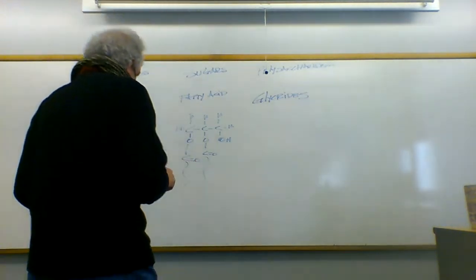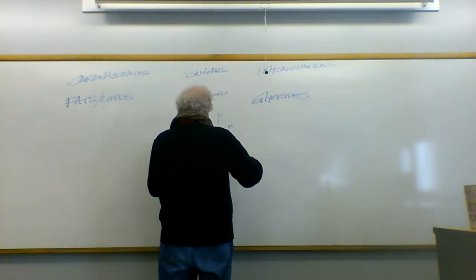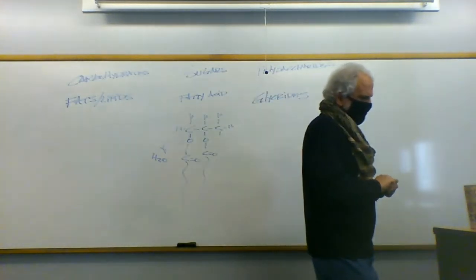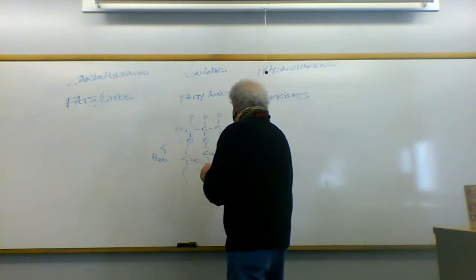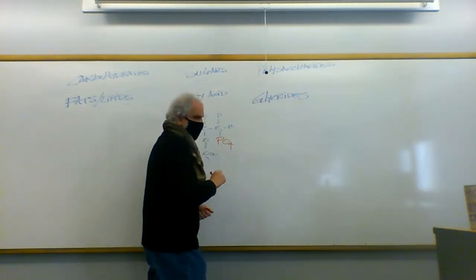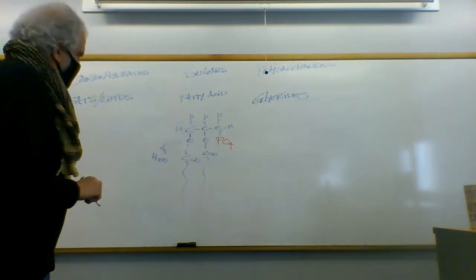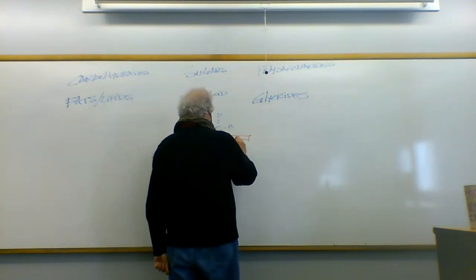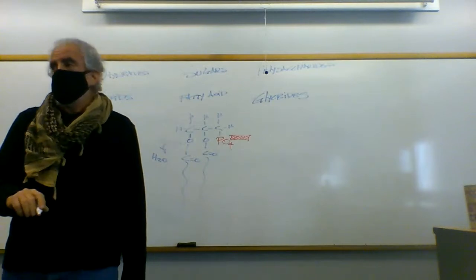But more importantly, we could add here a phosphate group. And just because I have multicolors, I'm going to draw it in a different color. So we can add, oh, I like that red, the phosphate group. And whenever you hear the word phosphate, you're immediately thinking massive negative charge.